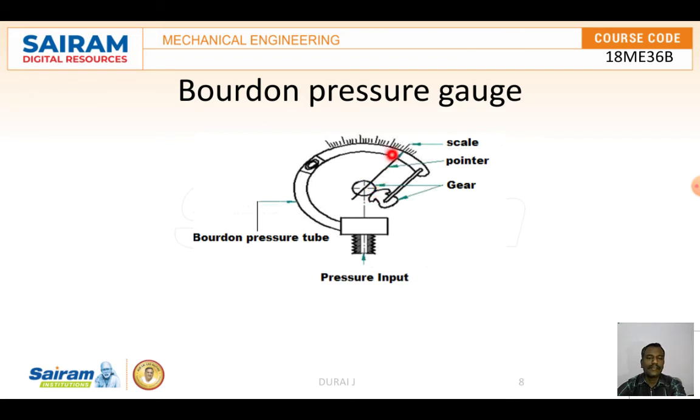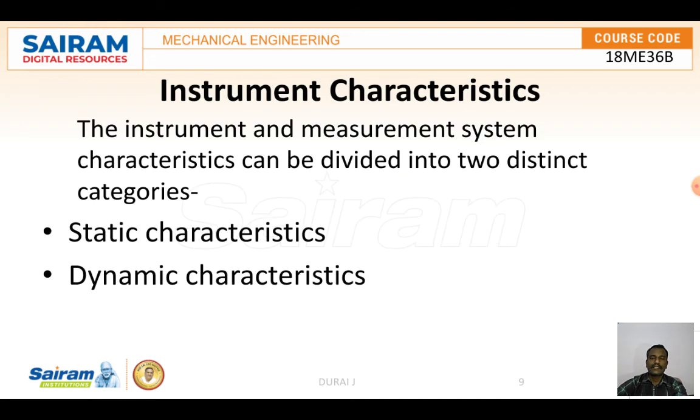The other end of the pointer is attached to the scale. Once the pressure varies, the rack gear moves, so the pinion and the pointer rotate. From this we can note down the values. This is how the Bourdon pressure gauge works.